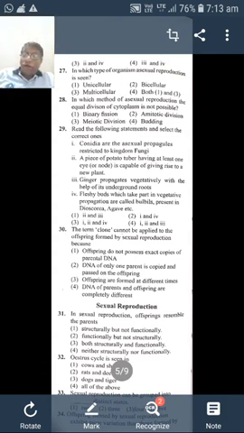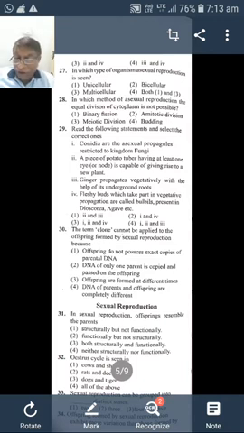Then, which is the third one. Ginger propagates vegetatively with the help of underground roots. Ginger is a modified stem. Root cannot give rise to new plant. Fleshy buds which take part in vegetative propagation are called bulbils, present in Dioscorea and agave.